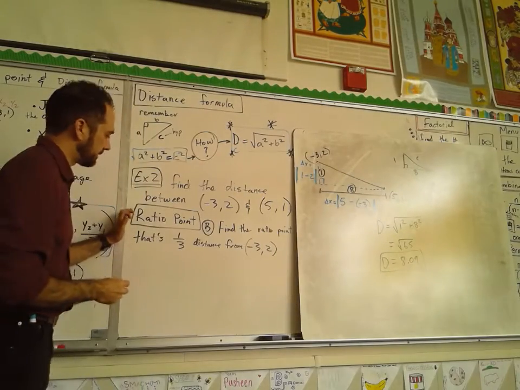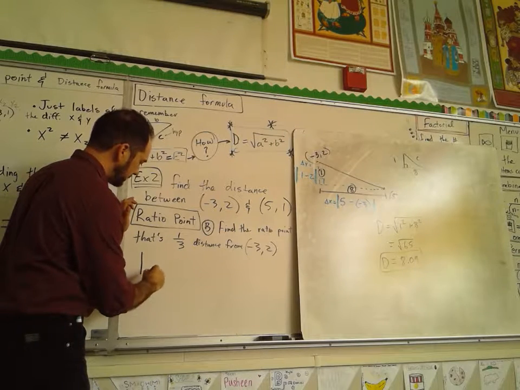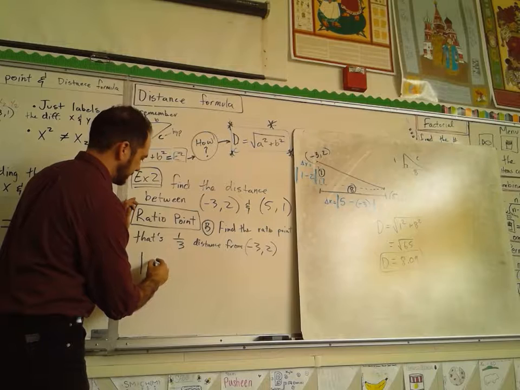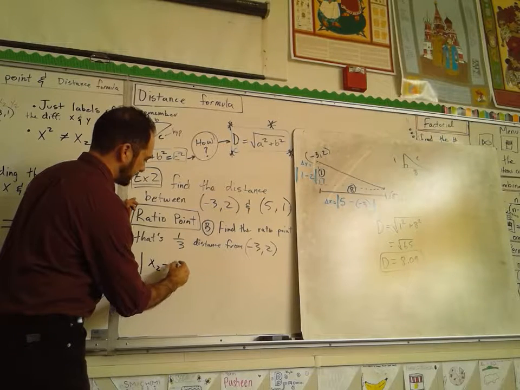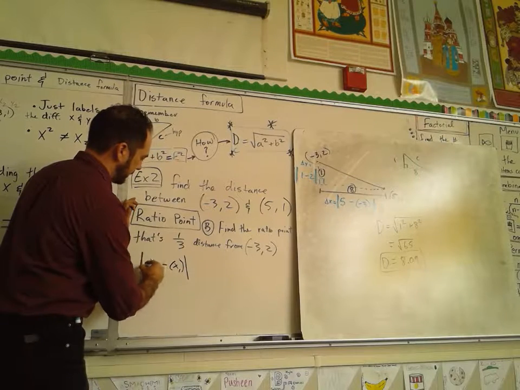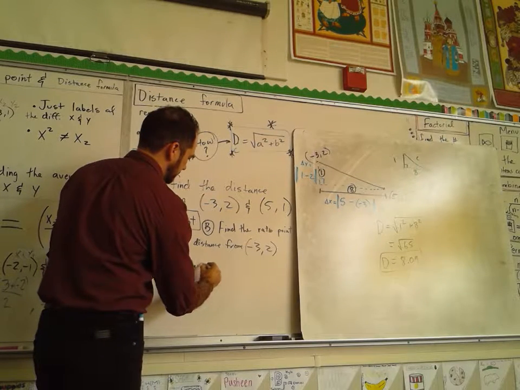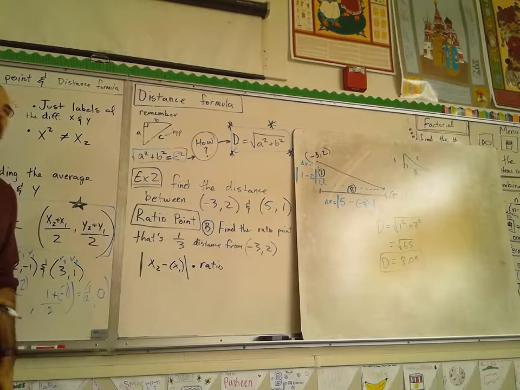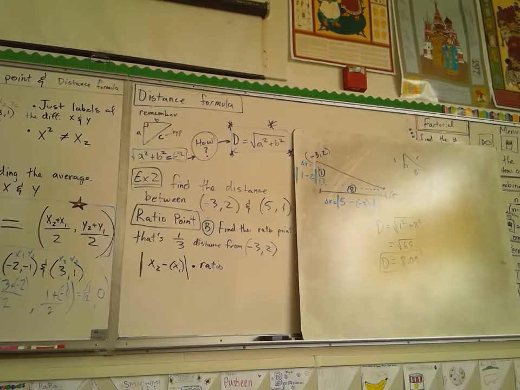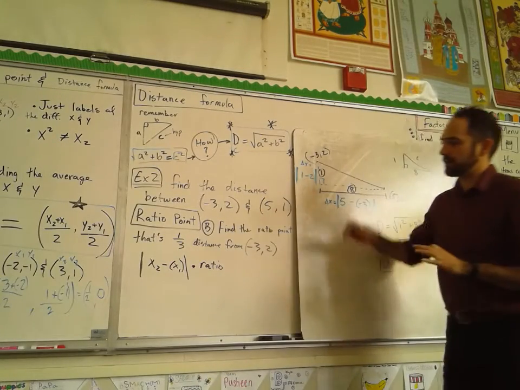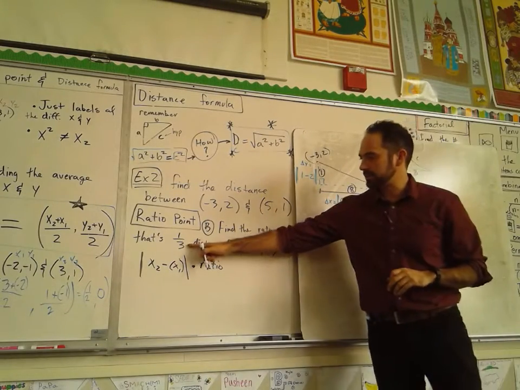We need to find the distance for x, which is just the absolute value of x sub 2 minus x sub 1, times the ratio. That gives us how much of a change the 1/3 distance is going to be for x values.